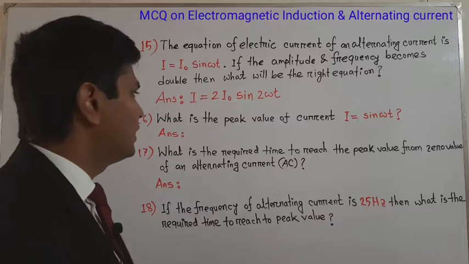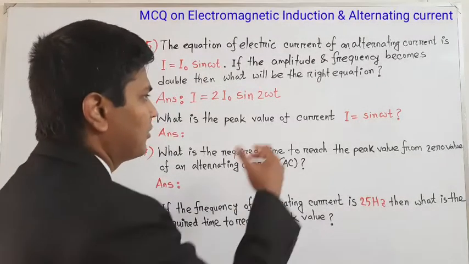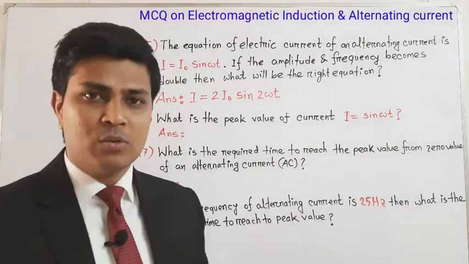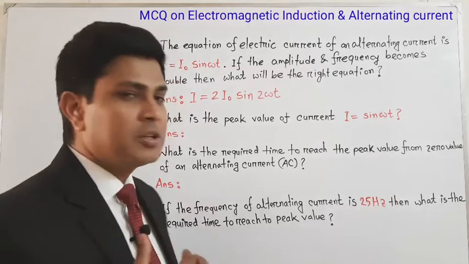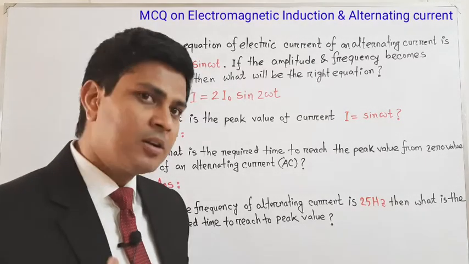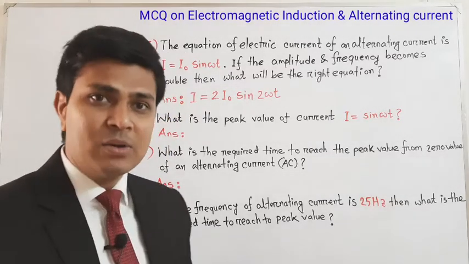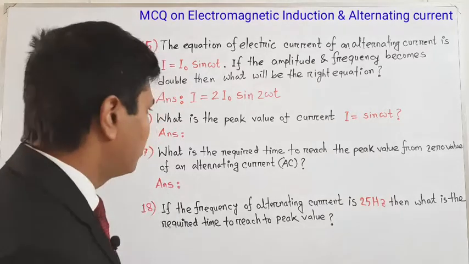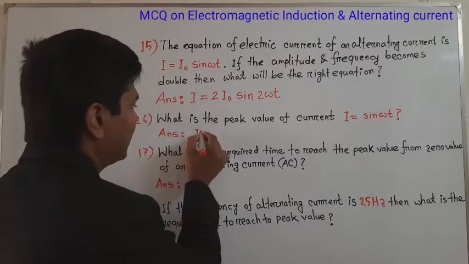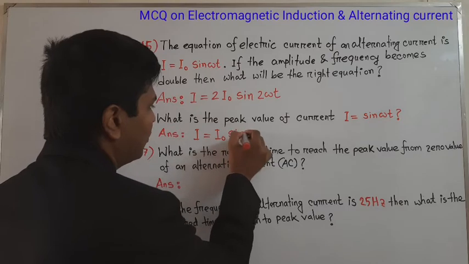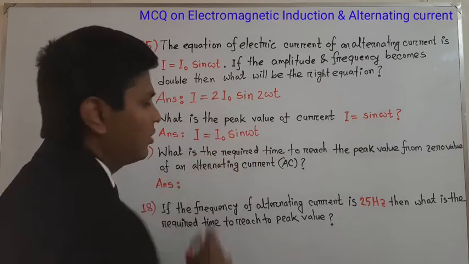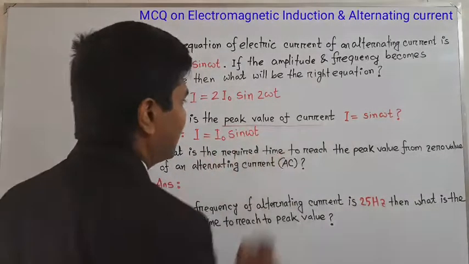Next question, what is the peak value of current I equals sine omega t? You know the equation of AC current or alternating current is a sine wave, and you know the formula of a sine wave is I equals I naught into sine omega t. Here I naught is the peak value of the current.